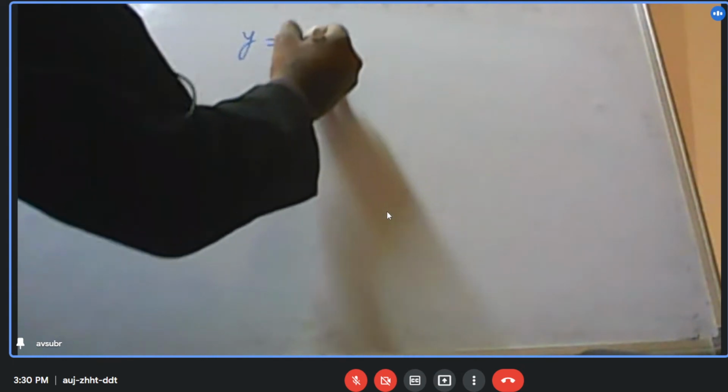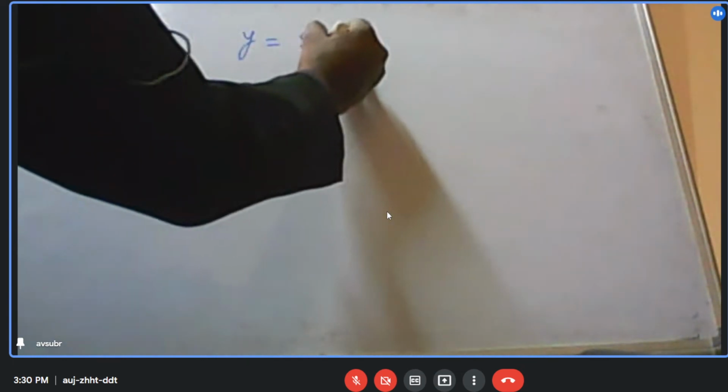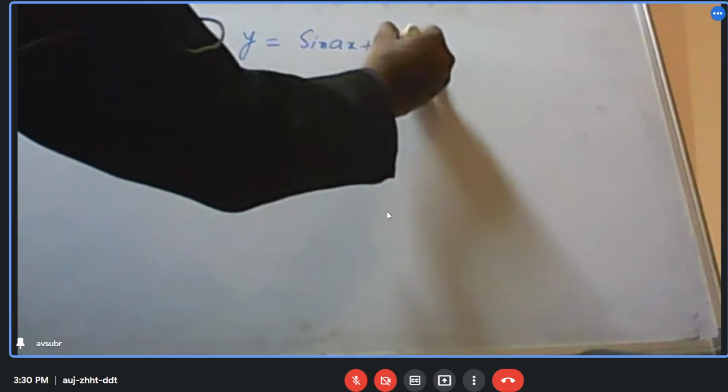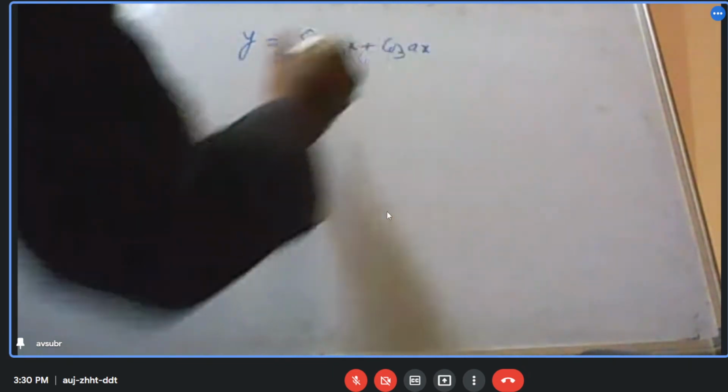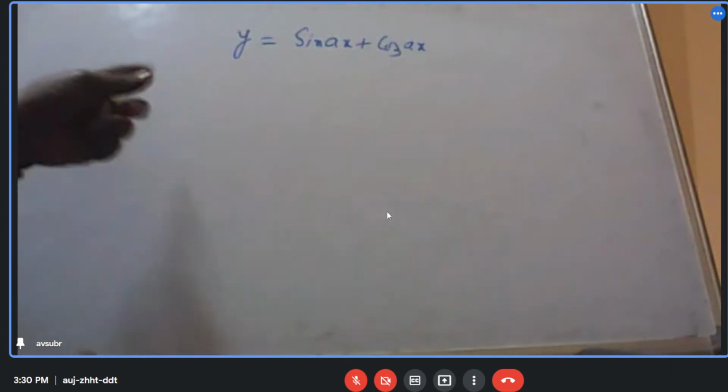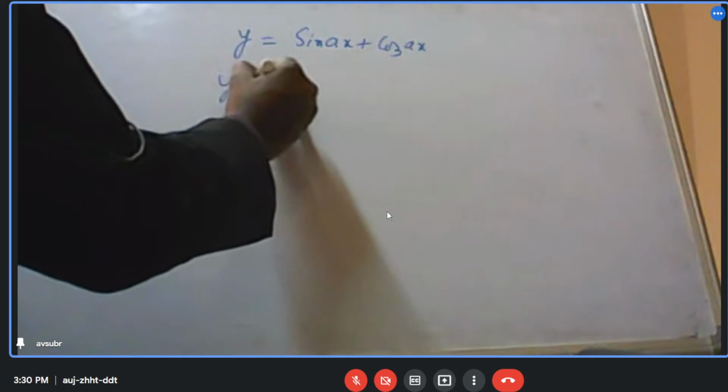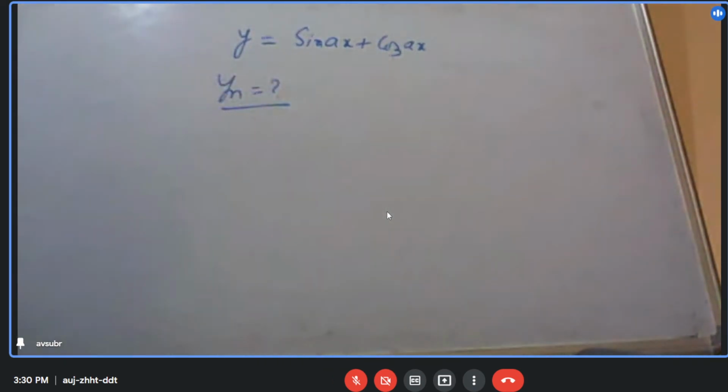All right. So now let us look at another example. Let us find the nth derivative of this. Tell me what will be the nth derivative of this.